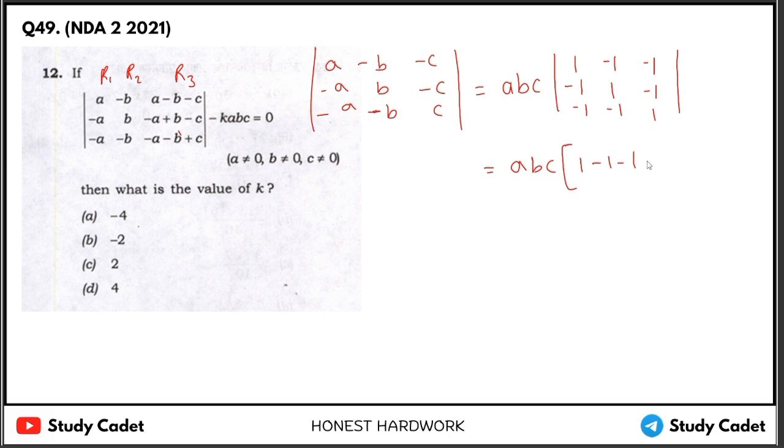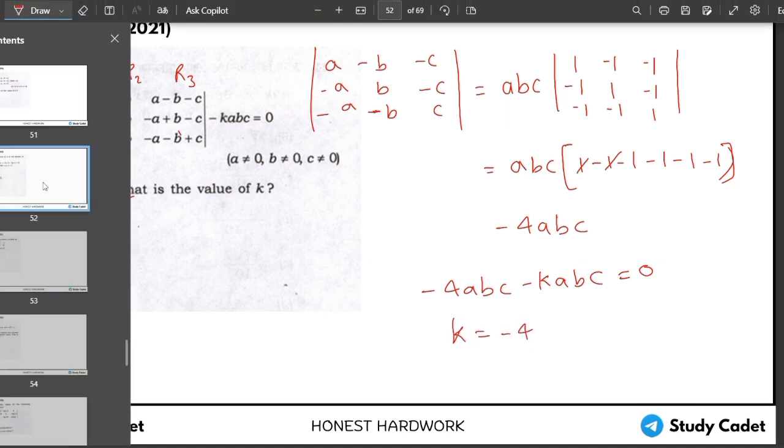This is our minus 1, this is our minus 1, and this is minus 1. So 1 to 1, this is minus 4. So the value is minus 4 abc, and minus 4 abc minus k abc equal to 0. This means k should be equal to minus 4. A is the correct answer.